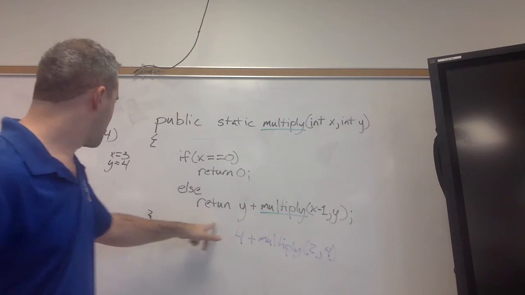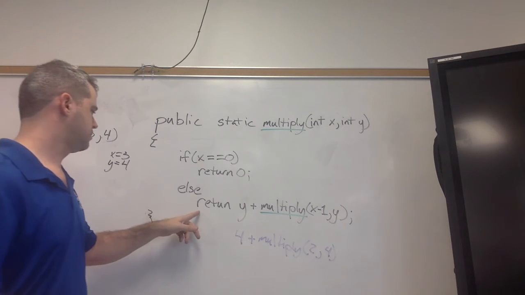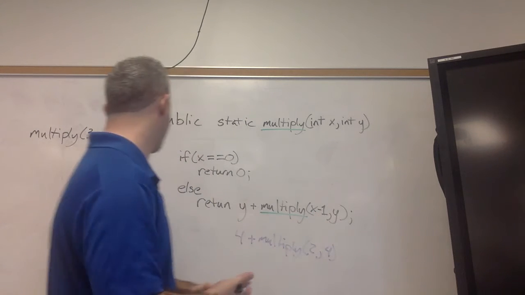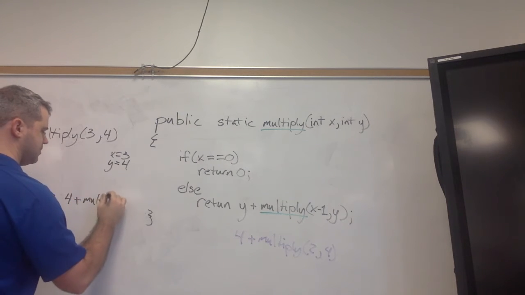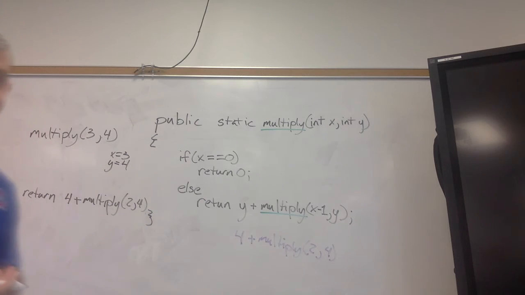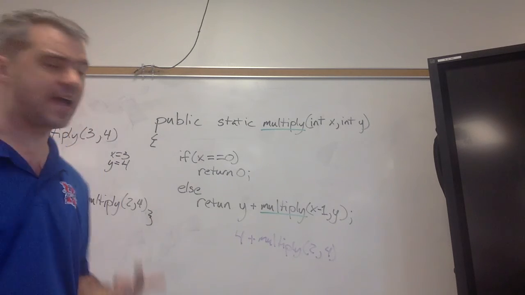So we're going to go down here, and we're going to call y plus multiply x minus 1, y. So what does that wind up being? Well, we're going to return 4 plus multiply 2, 4. Okay, problem is we don't know what this is yet, so we need to go ahead and call it.